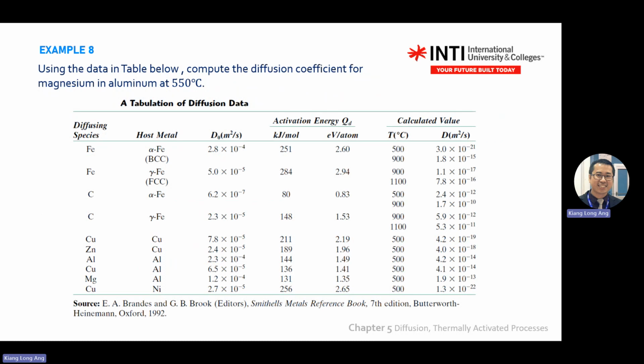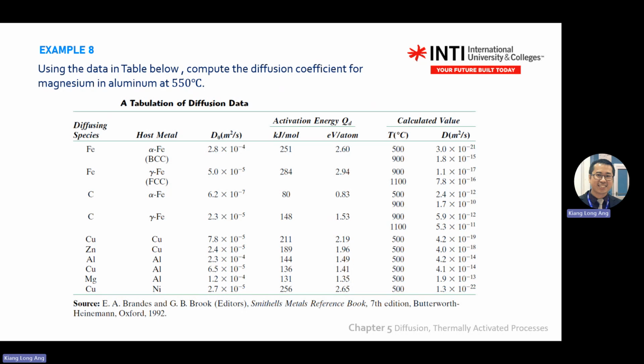So by using the table below, compute the diffusion coefficient for magnesium in aluminium at 550 degrees C. This is also a bonus question. If the question asks you to find the diffusion coefficient of a certain material, then you just go to the table of diffusion. For example, in this case, example 8, magnesium in aluminium.